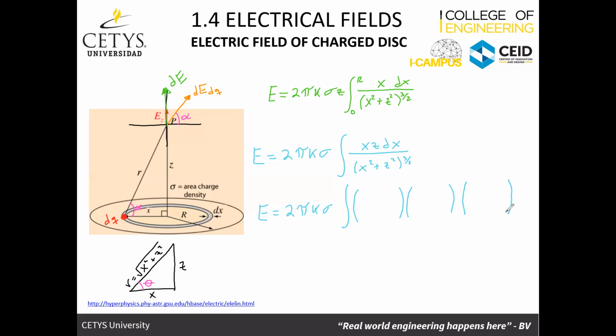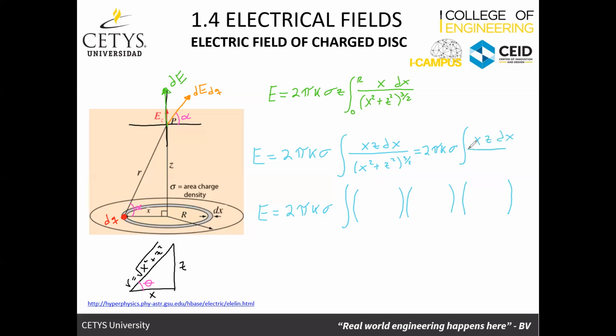What I'm going to do there is the following. Notice that the x squared plus z squared is elevated to the 3/2. This is actually the same as having the following: 2 pi k sigma xz dx.